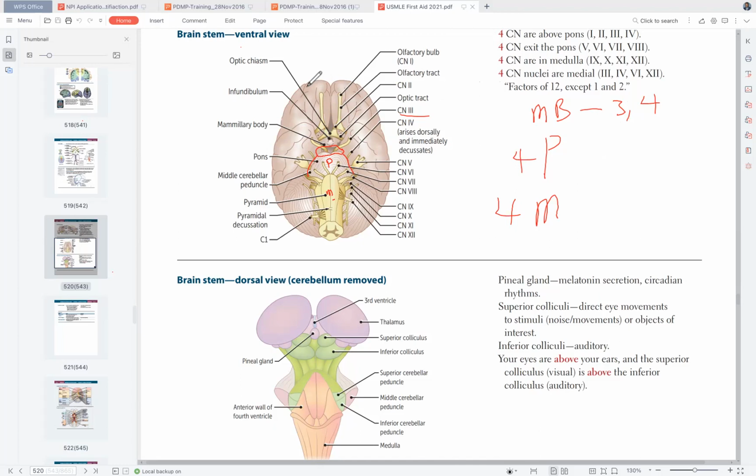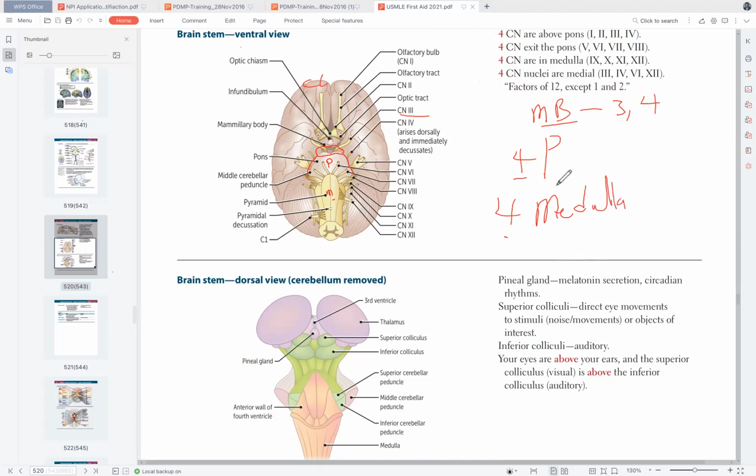So we have 8 left. So 2 from the cerebral cortex, 2 from the midbrain, 4 from the pons, and 4 from the medulla.